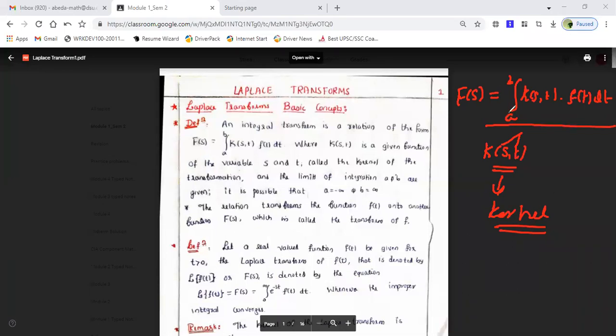The limits a and b may take finite values or infinite values. In general, an integral transform is a relation of the form K of s,t into f of t dt, where K of s,t is called the kernel of the transformation.